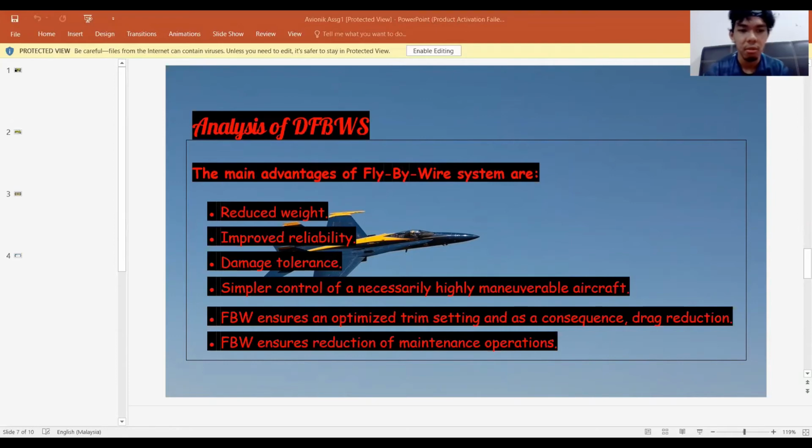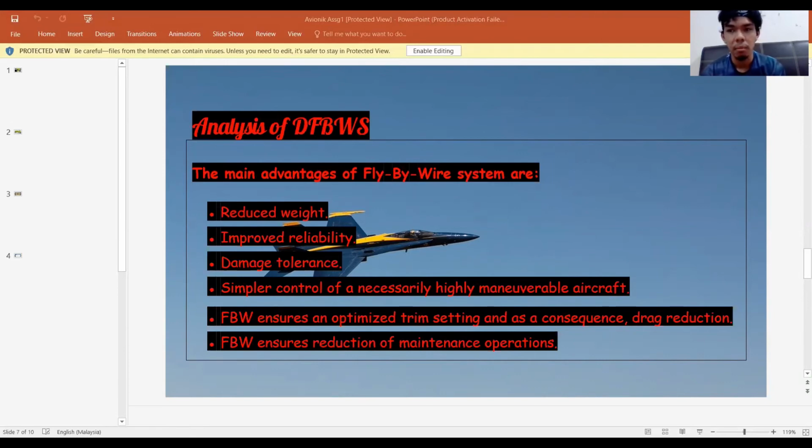The next one is when in an emergency, the computer might not let the pilot do something that might save the plane from crashing, because the system isn't programmed to do so. So the pilot will face difficulties to save the aircraft.